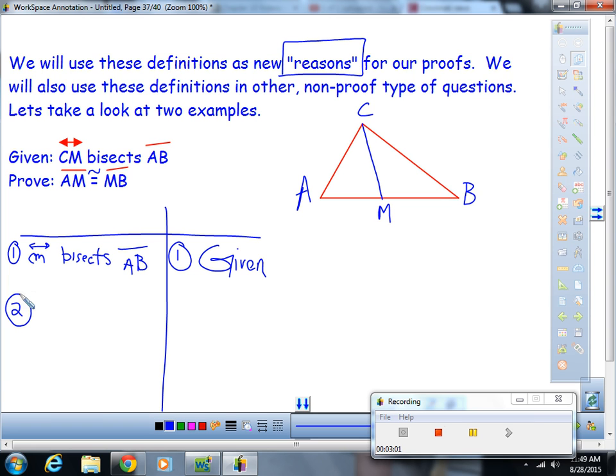Now I can say that AM is congruent to BM or MB because, now here's where you have to be able to understand what the definitions say so that you can use them properly. So, my reason is going to be the definition of bisect. But you shouldn't use that reason unless you know what it says. So the definition of bisect says a point, line, or ray is said to bisect a segment if it divides the segment into 2 congruent parts. So that's it. That's a 2-step proof.